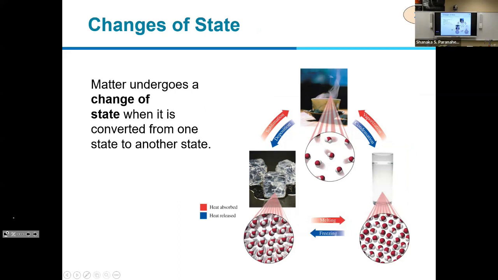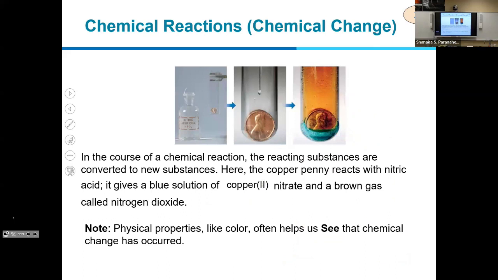When it goes from gas to liquid, it's called condensation. There are also some substances that, without showing the liquid state, can go directly from solid to gaseous state or gaseous to solid. Does anyone know one example of those substances? Dry ice, yes, good. Dry ice goes directly from solid to gas.